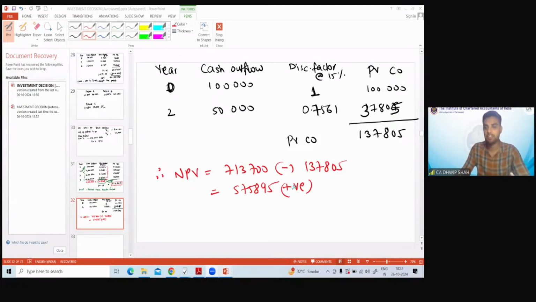Working capital, yes, they will mention specifically that the initial investment in the project is 2 lakh and working capital needed is 50,000 or 20,000. And if working capital is mentioned specifically, then don't forget to take it as an inflow at the end of the project because working capital would be released back. Okay?